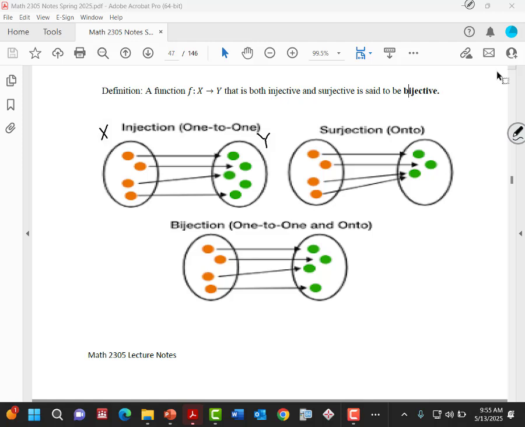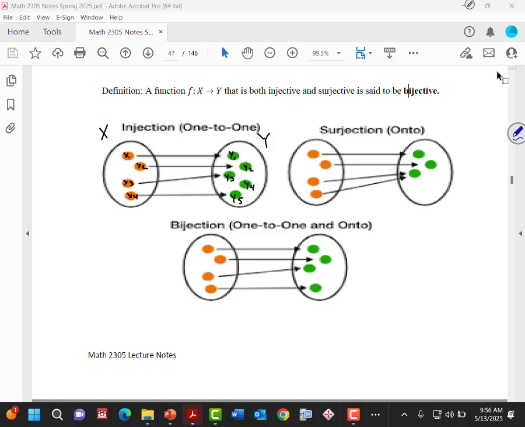I might call them x1, x2, x3, x4, and we'll call these y1, y2, y3, y4, y5, etc.